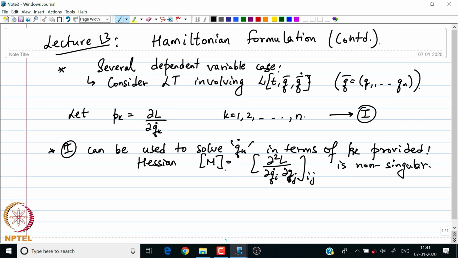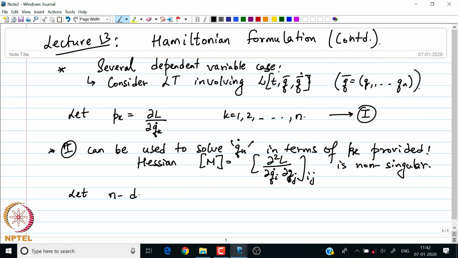Next we have to define another variable, which is our Hamiltonian variable. Note that while introducing the variables p and h, we have used the fact that t and q are passive. So, let me now introduce another variable.